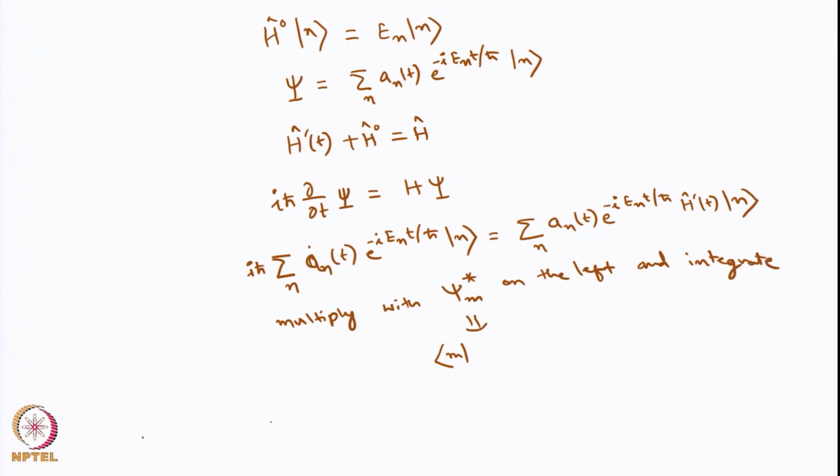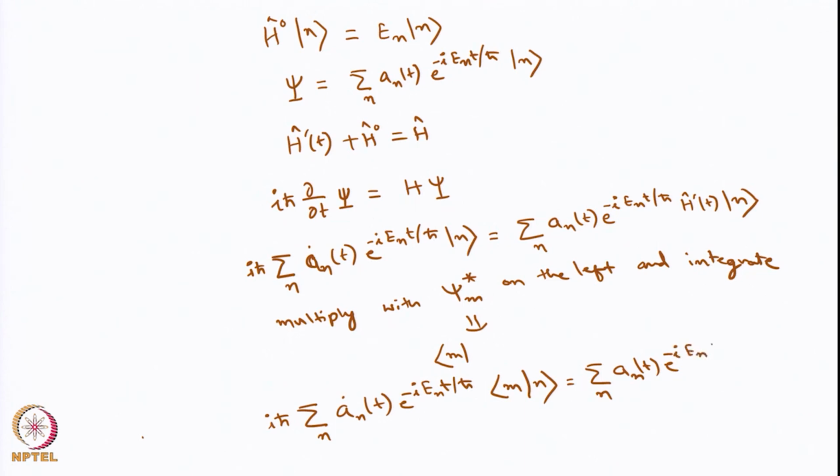When you do this, what you get is i h bar sum over n a n dot of t e to the power of minus i E n t by h bar, integral of psi m psi n, equal to sum over n a n of t e to the power of minus i E n t by h bar, integral of psi m H prime of t psi n. So that is what you get.